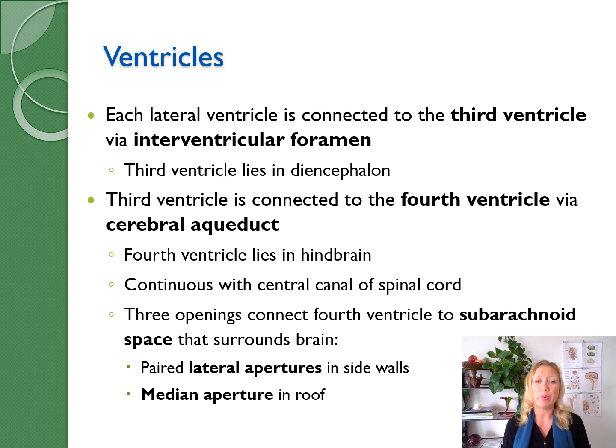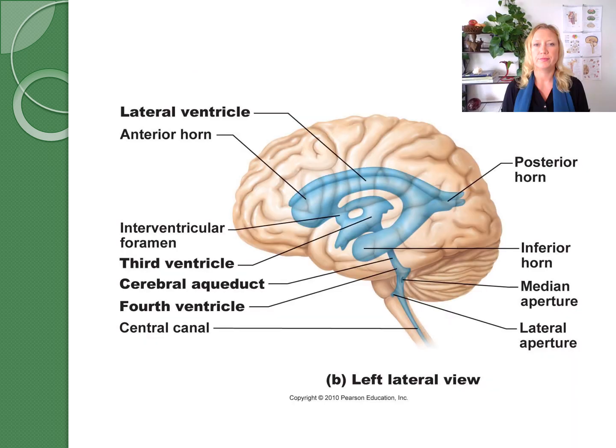And we have 3 openings connecting the fourth ventricle to the subarachnoid space, so underneath that arachnoid space. So remember our pia, arachnoid, and dura meningeal layers. There's paired lateral apertures in the side walls, and then we have a median aperture in the roof. So paired lateral apertures in the side and a median aperture in the roof.